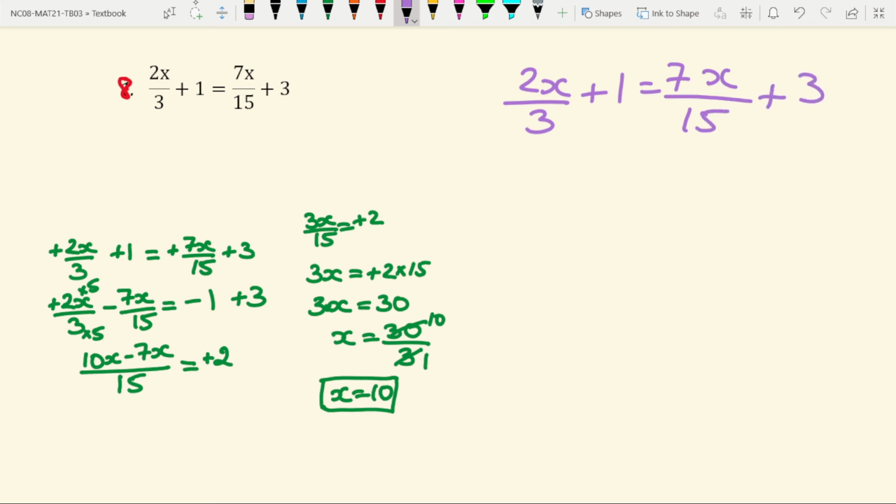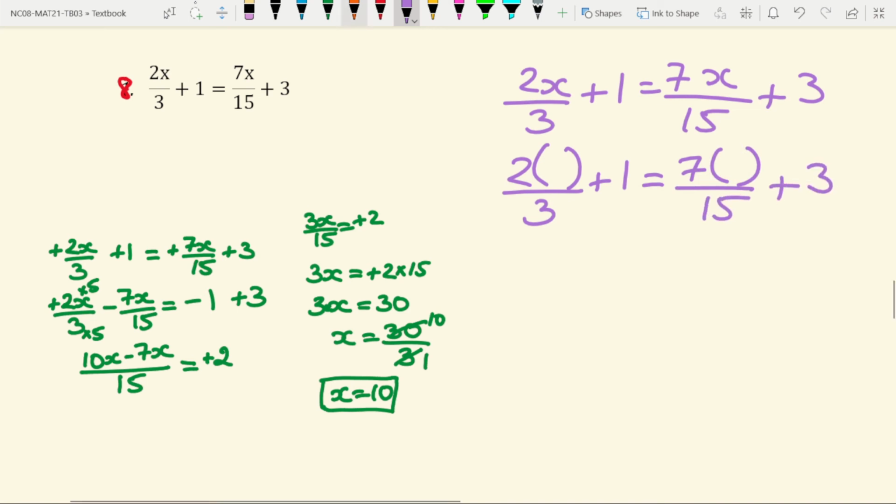In order to check the answer, we have to copy the whole equation as it is instead of copying x. In place of x, I will write the value of x. The value of x is 10. So everywhere I will write it as 10.